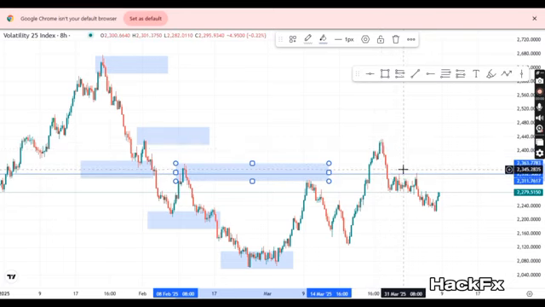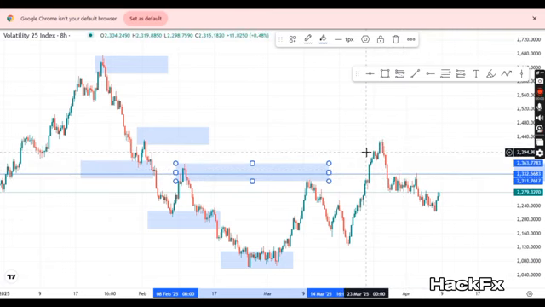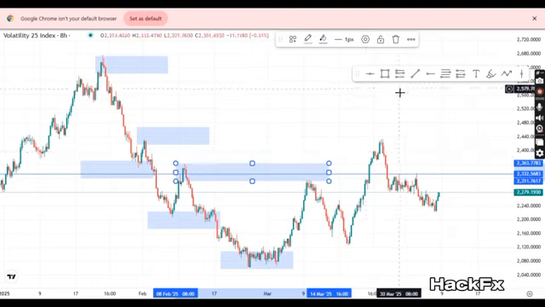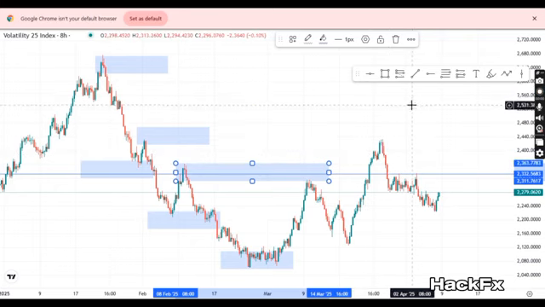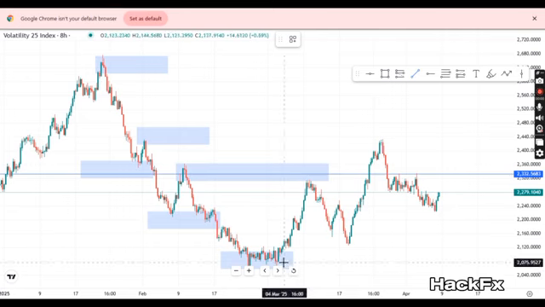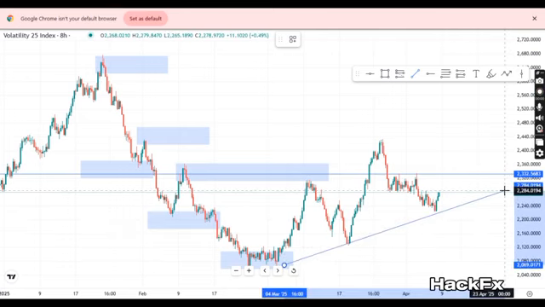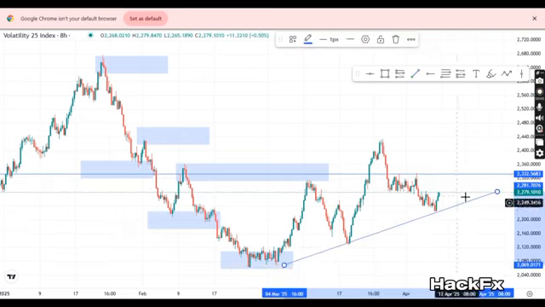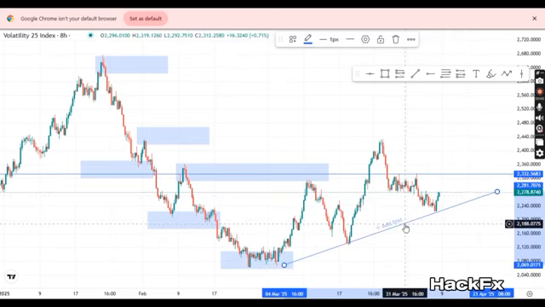Now at this point I'm going to be combining it with the normal price action trend lines that we use. So basically when it's coming back, what we'll do is that we use Fibonacci. First of all, use our trend line. See our trend line.